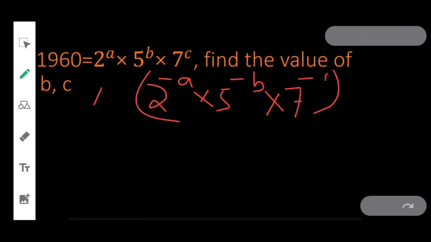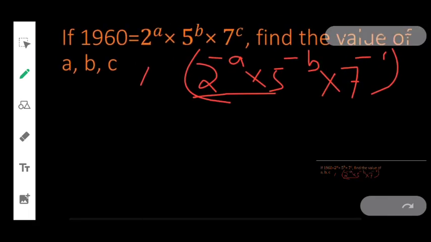So first we have to find the value of a, b, c, then find the value of the other expression also. So the first step is to find the factors of 1960.